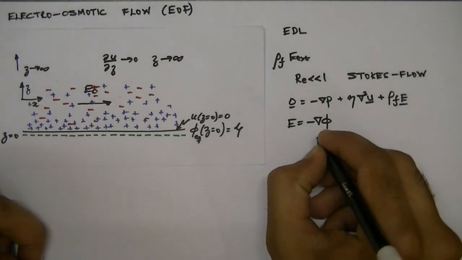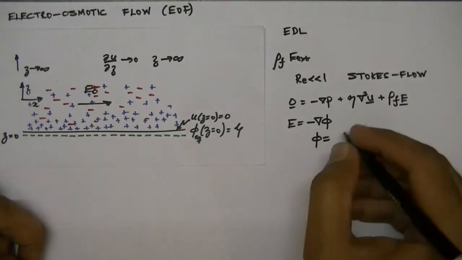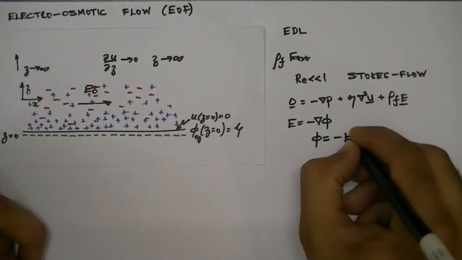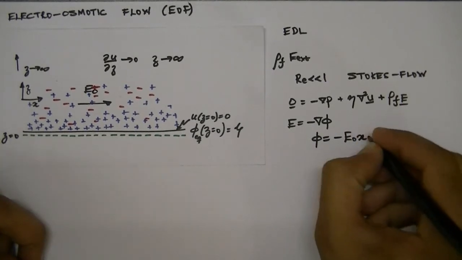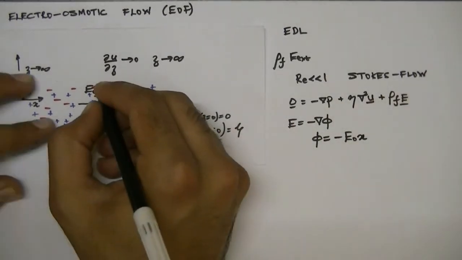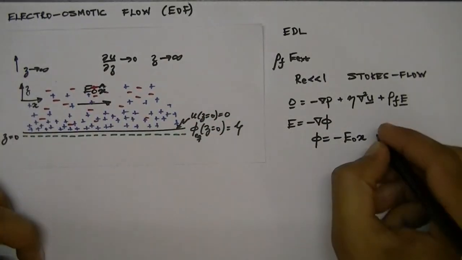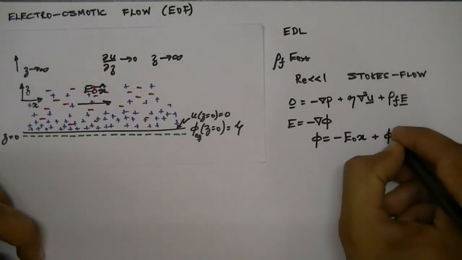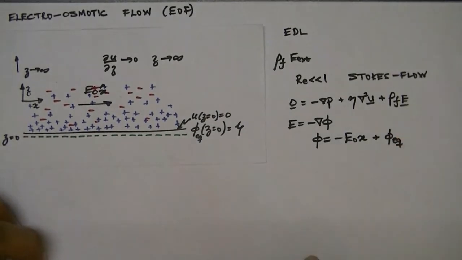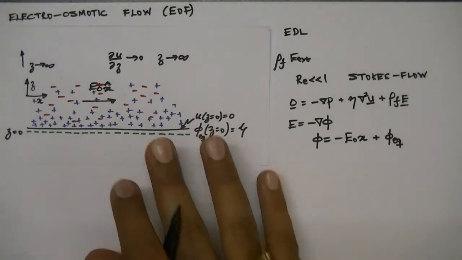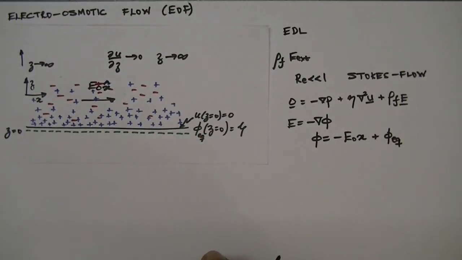So we'll say that phi is composed of minus E naught x, because we are applying an electric field E naught in the x direction, plus the equilibrium potential which results due to the formation of electrical double layer.